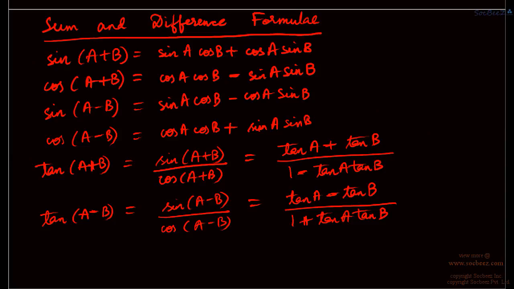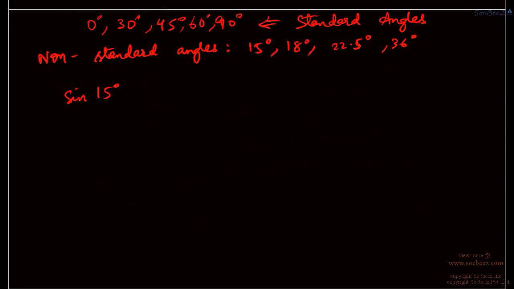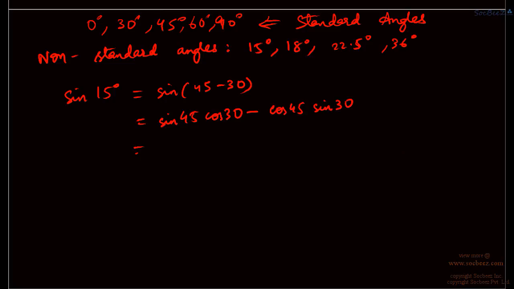Say, the difference formula here, sine of A minus B. So what do I do here? I can write this with A as 45 and B as 30, so this can be written as sine 45 cos 30 minus cos 45 sine 30.